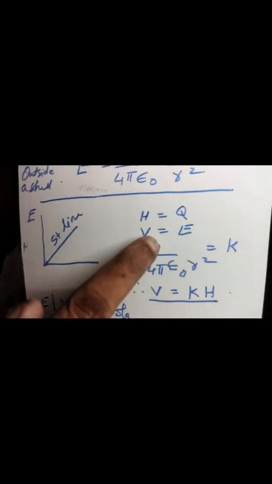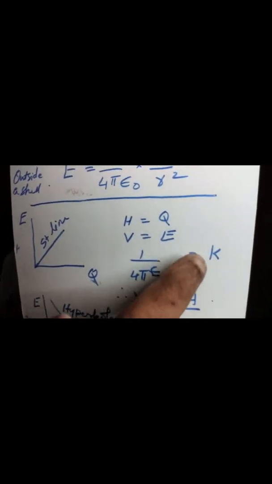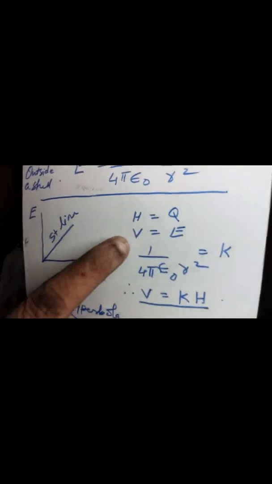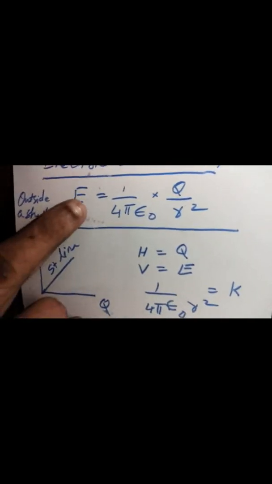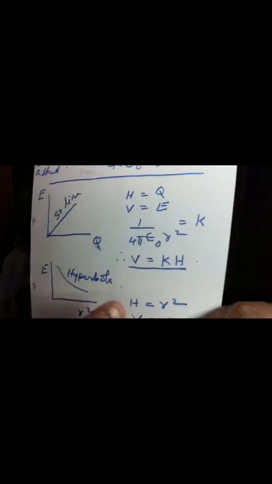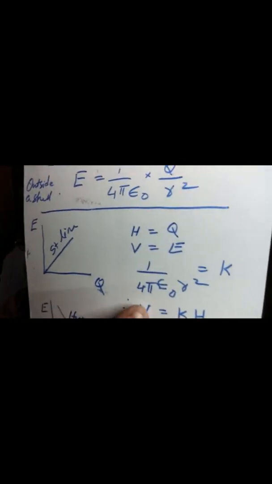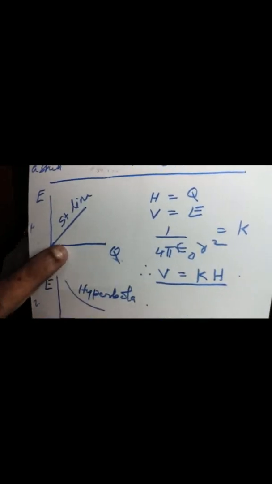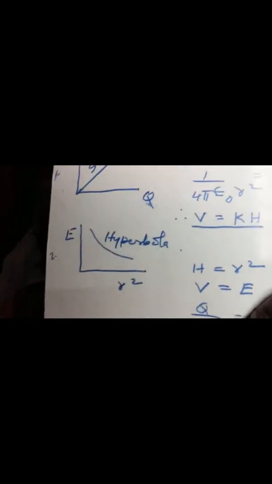That means 1 by 4 pi epsilon 0 R square, let it be the K value, constant. So here this equation takes the form V equals KH. H is Q and V is E. So this represents a straight line starting from the origin. This is the graph.